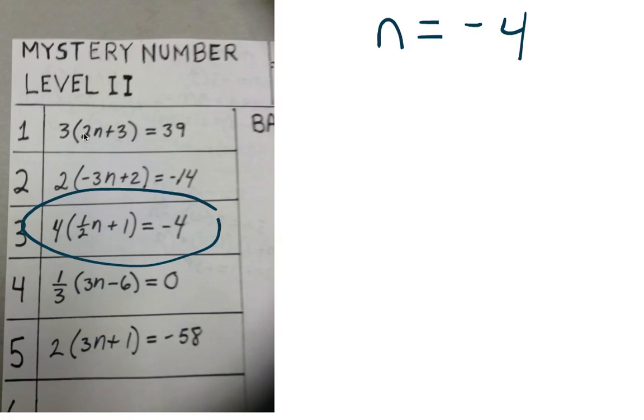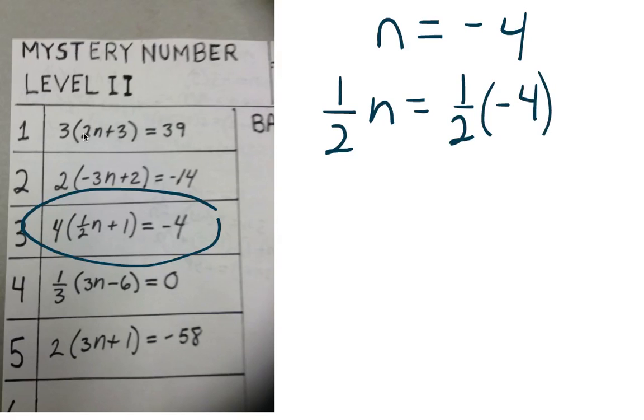So n times 1/2, that's the same as cutting it in half or dividing it by 2. So the value on the right side is the same. So we're down to the value is negative 2 because we cut it in half. Now we're going to add 1. So we're up to negative 1 for a value.